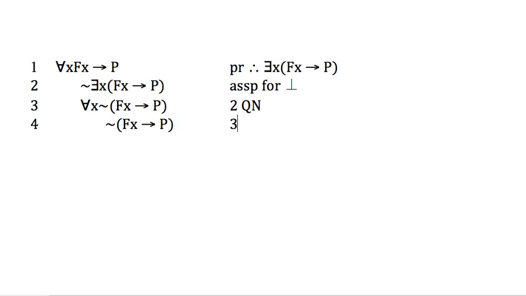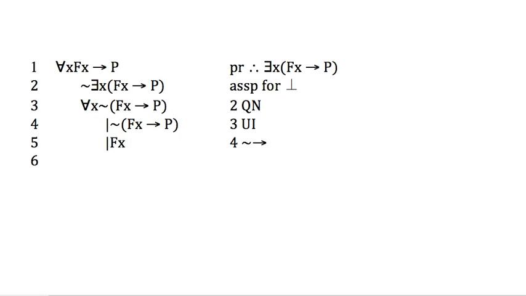So 3 and universal instantiation gets us not fx arrow p. We can get fx from 4 by not arrow. And then we can universally generalize.